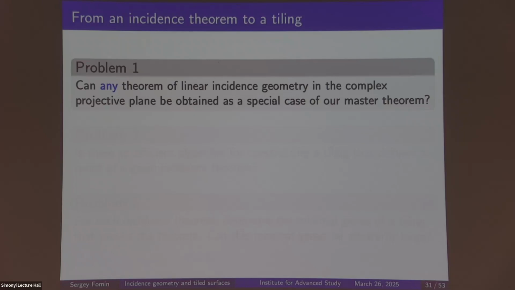There are theorems which are true over F2, like the Fano matroid, right? But which are not true in general. Whereas this technology is blind to characteristics. So where did we use characteristic 0 or something?